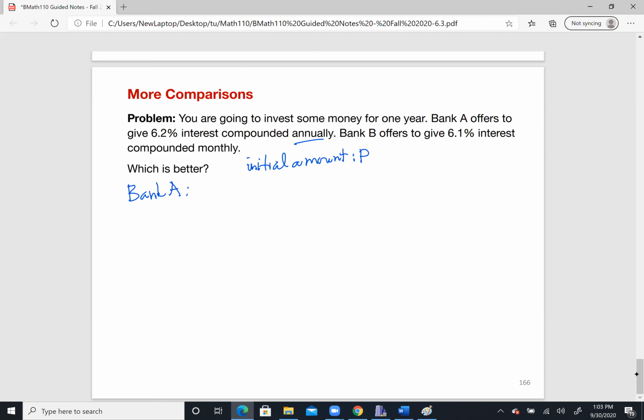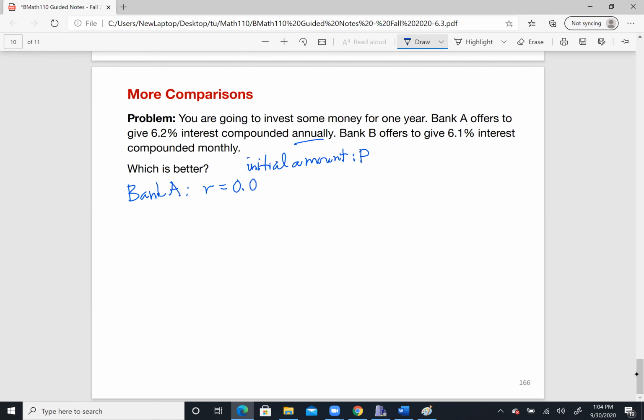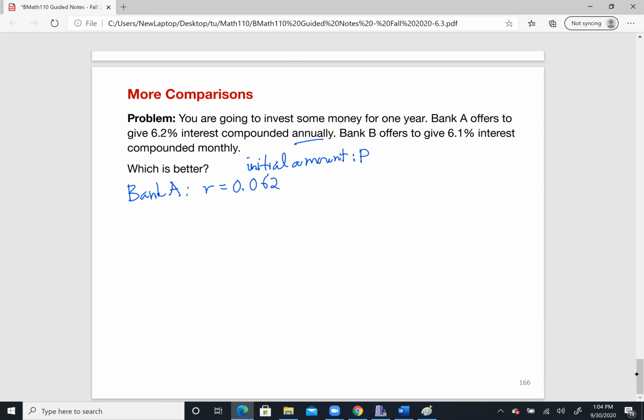Let's say bank A, you're gonna have R equal to 0.062, right? What else? Compound annually, so then M equal to 1.